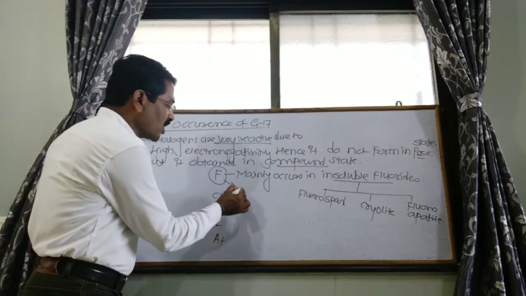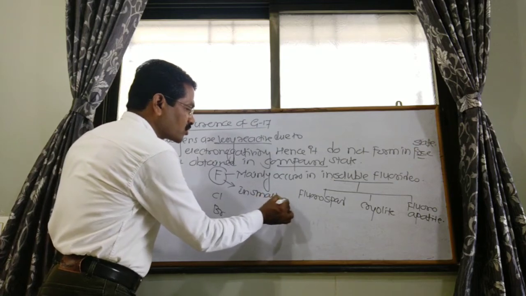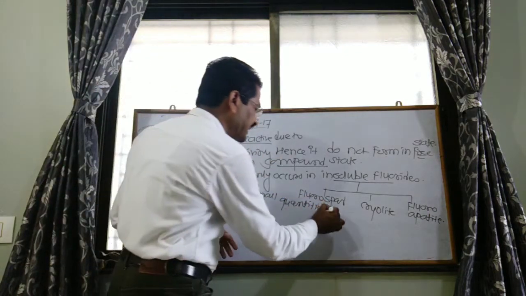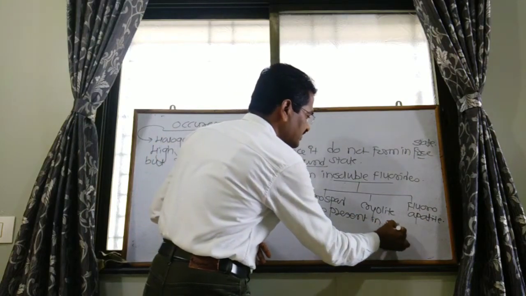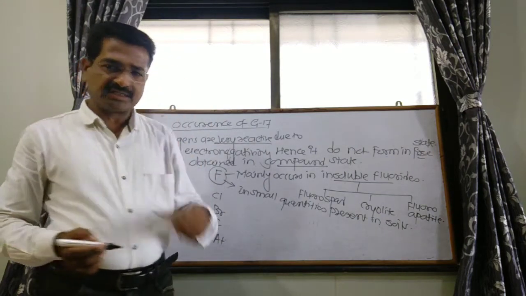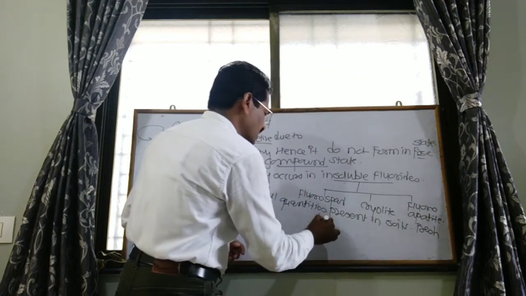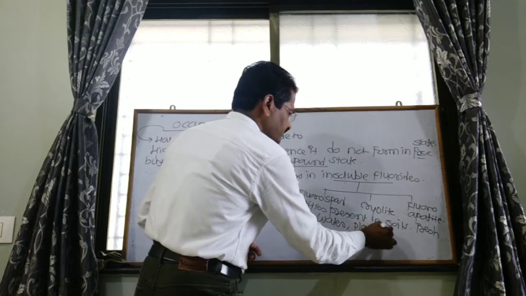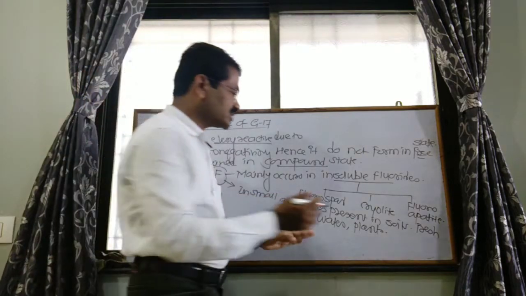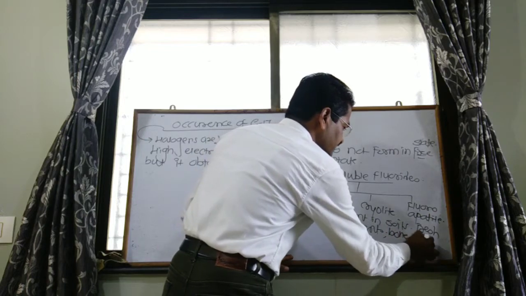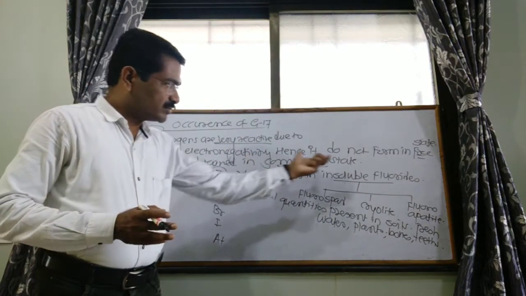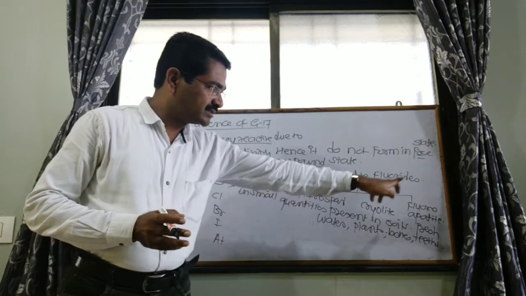Fluorine also occurs in small quantities, in smaller proportion, in soils, fresh waters, plants and bones, teeth, etc. Say again, the occurrence of fluorine: fluorine mainly occurs in the form of insoluble fluorides, that is fluorospar, cryolite, fluoroapatite.